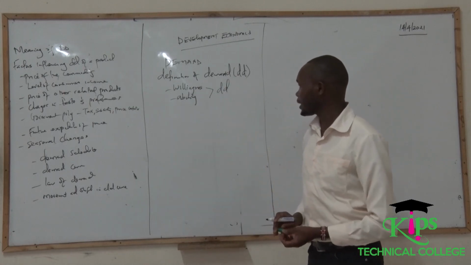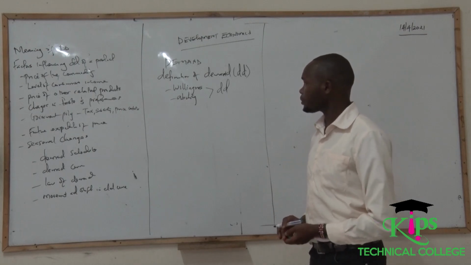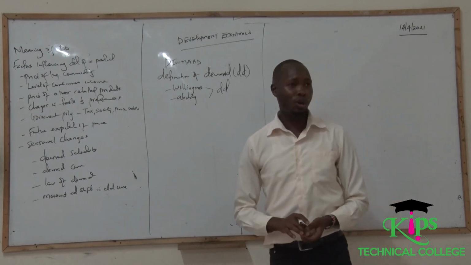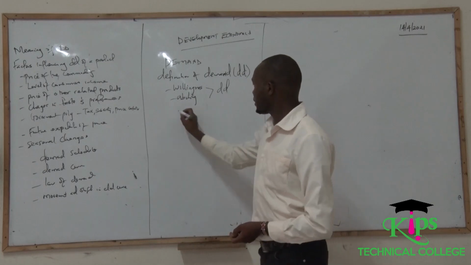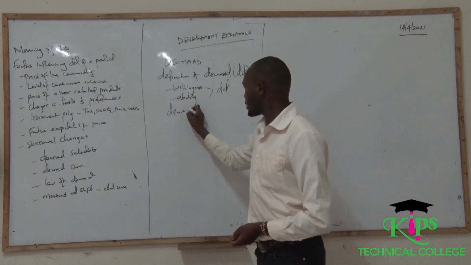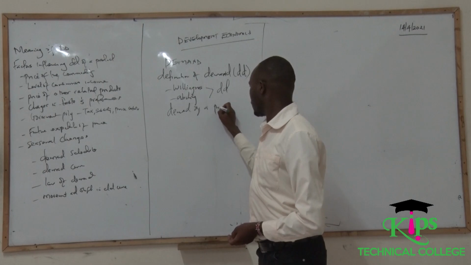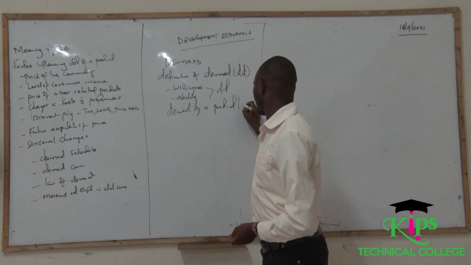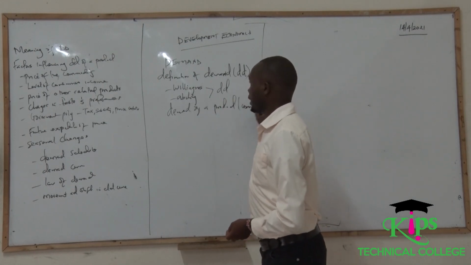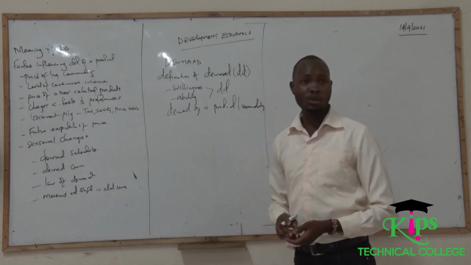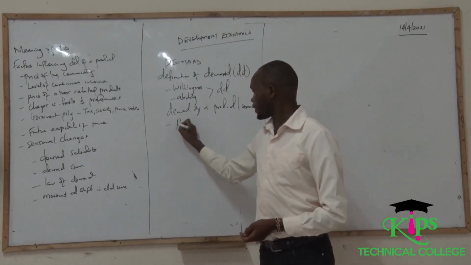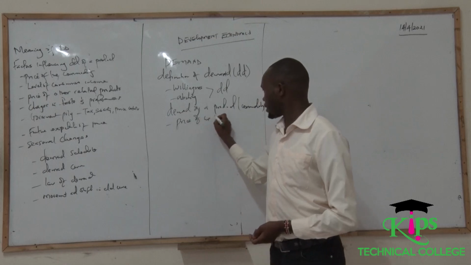We also have the factors that always influence demand of a product or a commodity. These factors include the following. One is the price of the product.